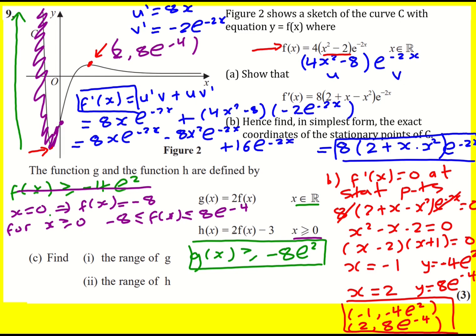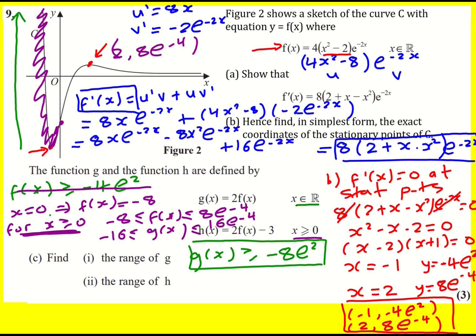So if I then apply these transformations, I'm going to first of all times by 2. In fact, that's going to be my g of x. Remember, this is for this domain, but g of x is now between minus 16 and 16e to the minus 4. I've just multiplied both by 2.